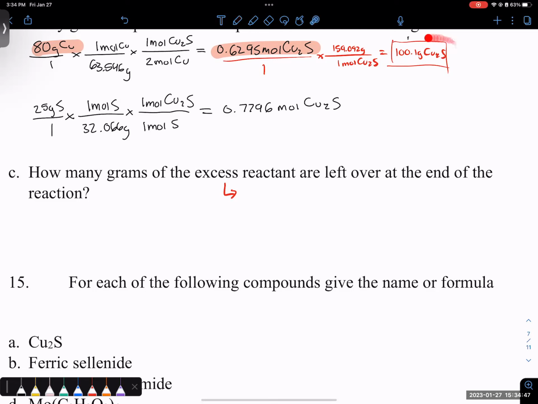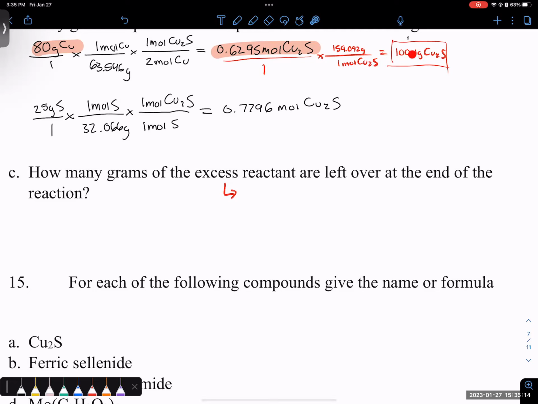But this is how much product was produced, right? So if we can figure out how much sulfur was used up from this amount of product, then we should be able to subtract that amount from the starting amount to figure out the excess amount. And if you don't understand what I'm saying, I'll show you with the math, okay?